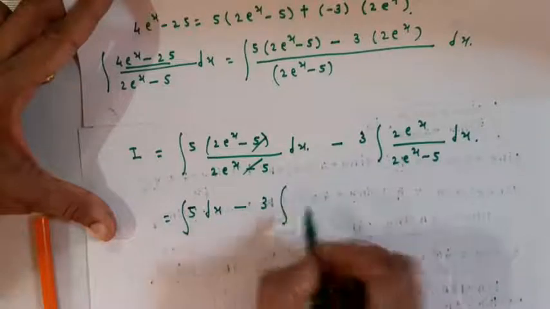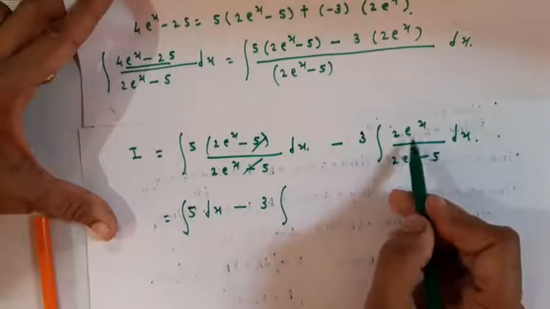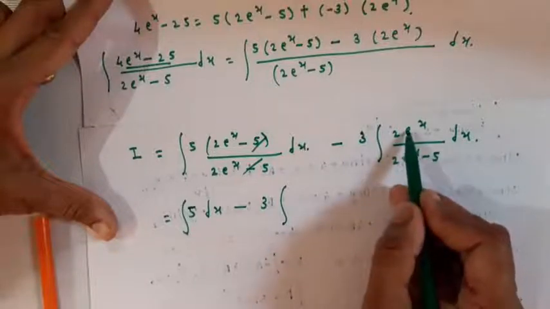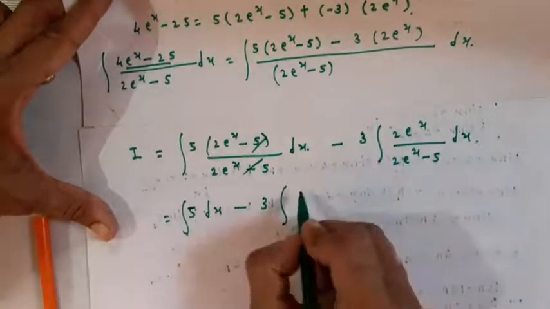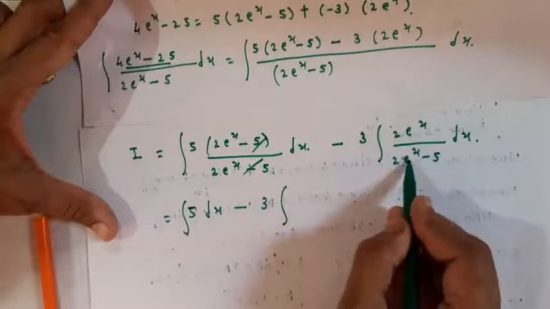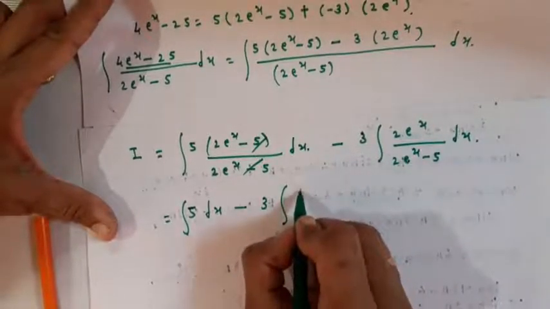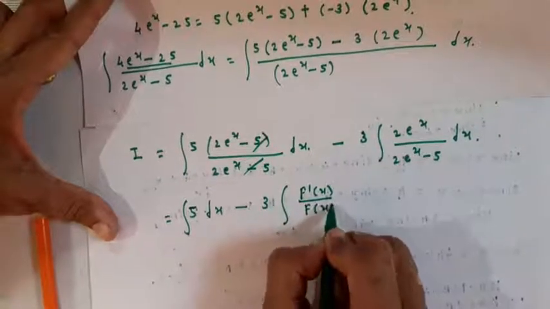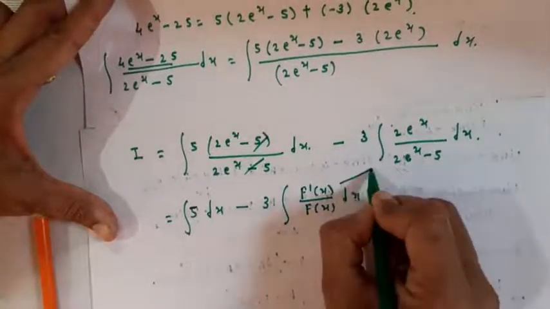Minus 3 is a constant, and this is of the form f'(x) upon f(x), meaning the term and its derivative. So here 2e^x is the differentiation of this function, that is f'(x) upon f(x), with respect to x.